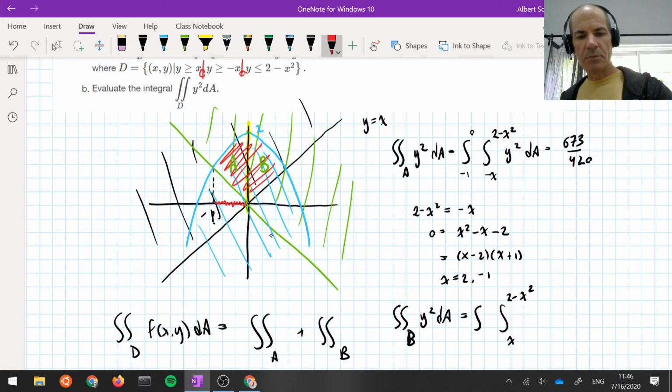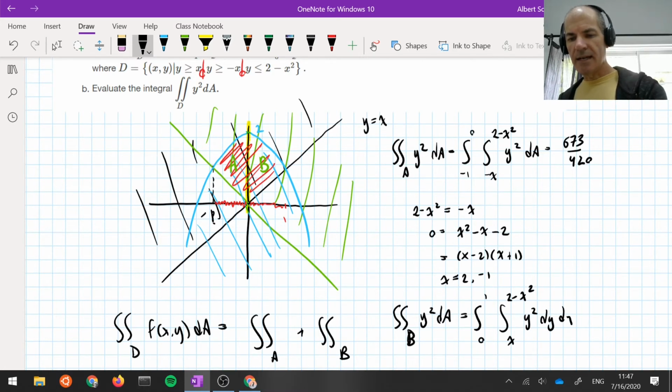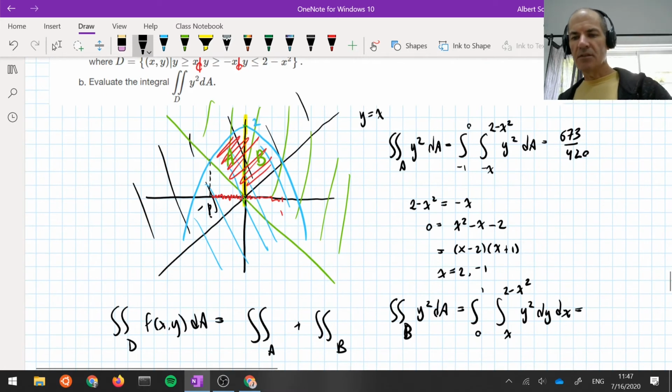We want to collapse B down onto the x-axis. By symmetry here, although you can check algebraically if you want, this is plus 1 right here. So the outer limits of integration go from 0 to 1, y squared dy dx. This also works out to 673 over 420.